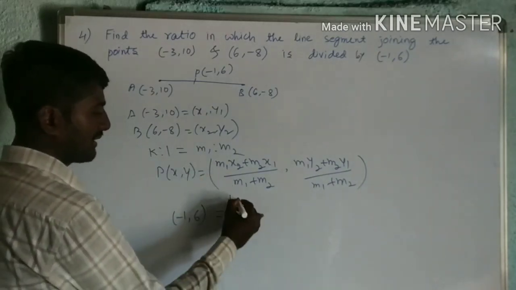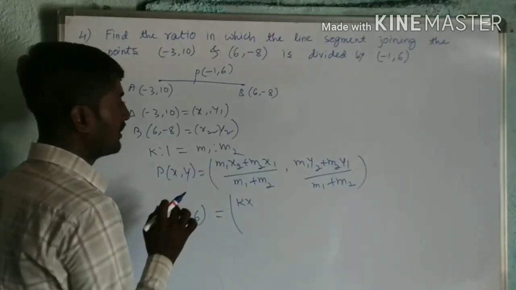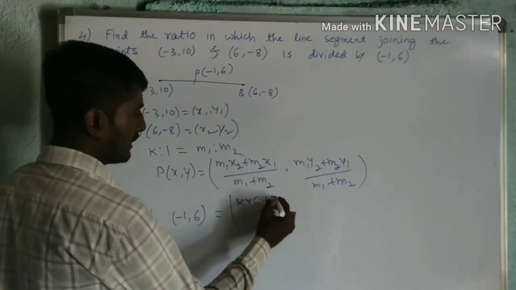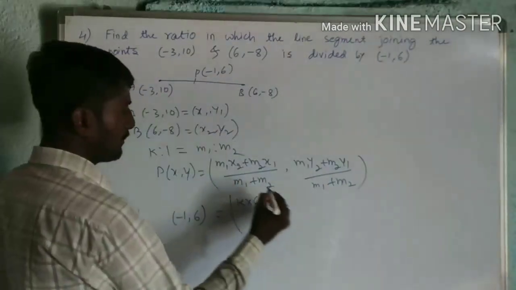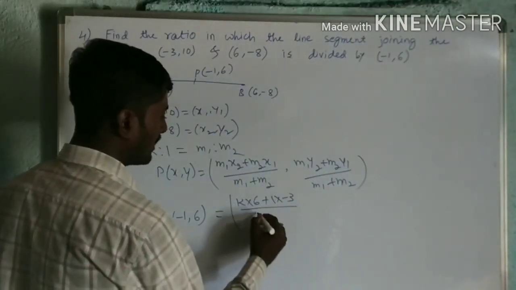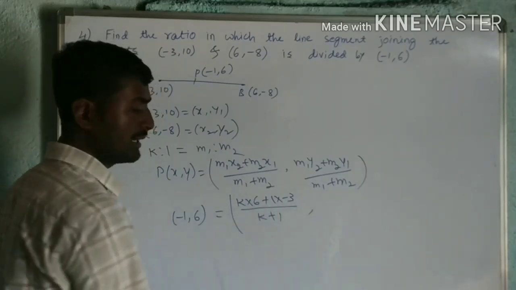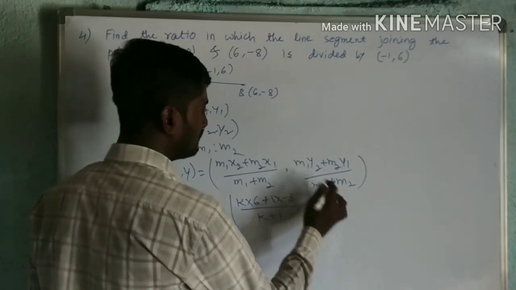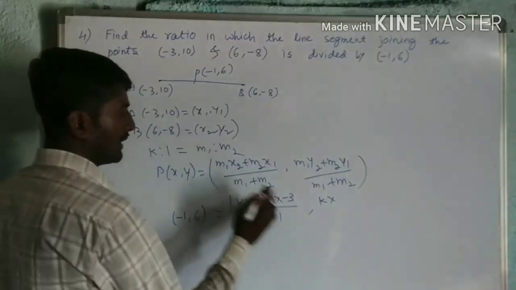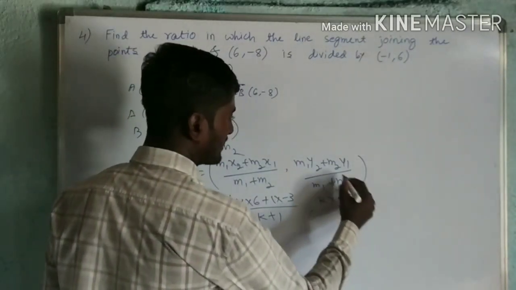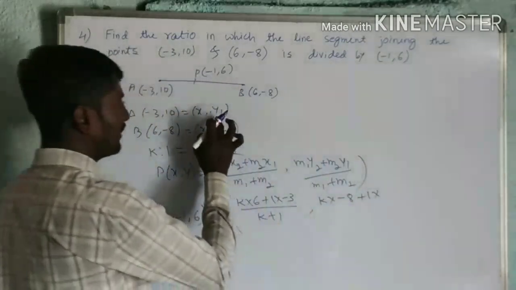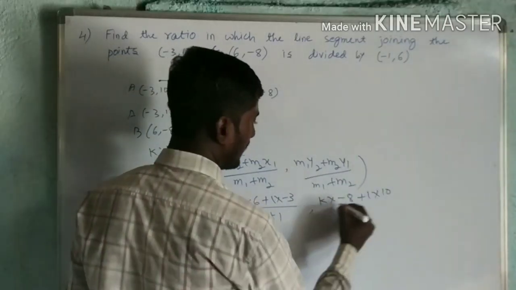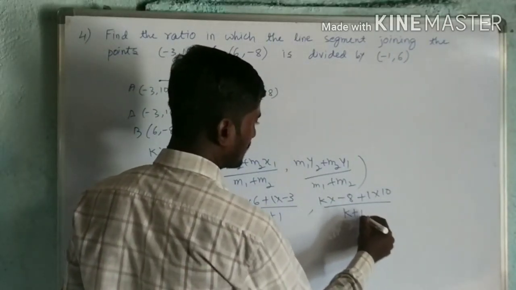In place of m1 I can write k into x2, x2 is here 6, plus m2 is 1 into x1, x1 is here -3, divided by k + 1. And m1 is k into y2, y2 is -8, plus m2 is 1 into y1, y1 is 10, divided by k + 1.